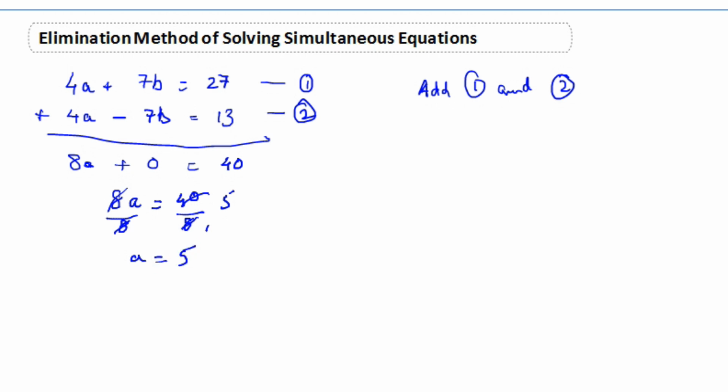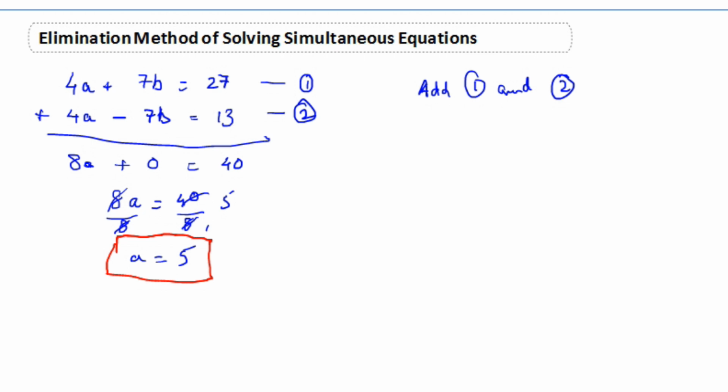Now of course that is a solution, that a is equal to 5, but that is not the complete solution, because when we are solving simultaneous equations, when we are solving a system of equations, we need to find both the variables and not just one variable.